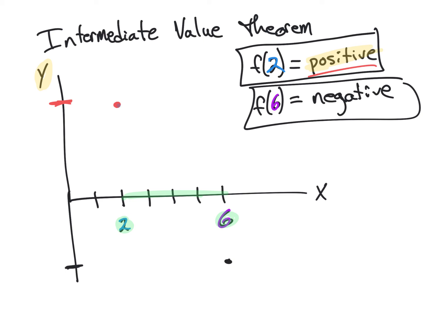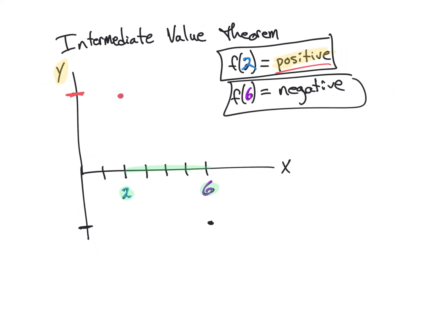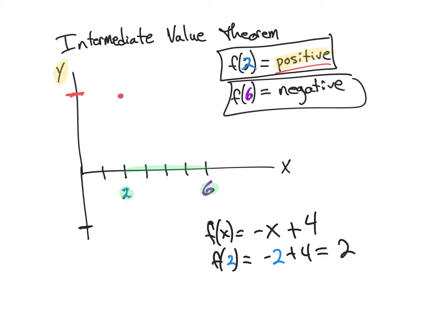All right, so let's just keep it nice and simple. If I have some function like negative x plus 4, let's say, and I am putting 2 into the function, I would get negative 2 plus 4 gives me 2, right?